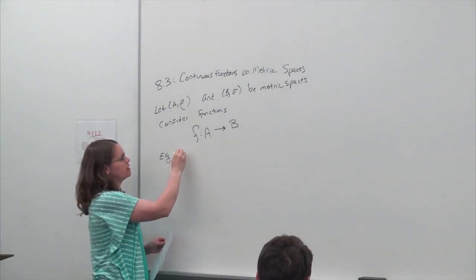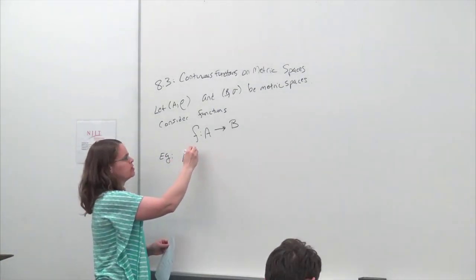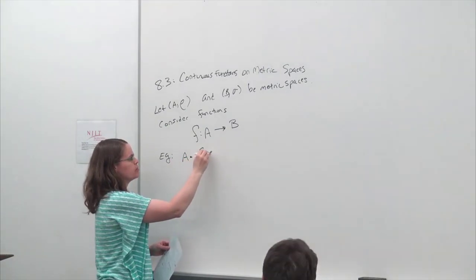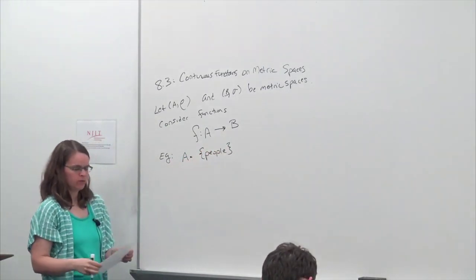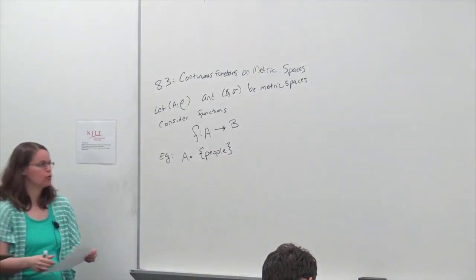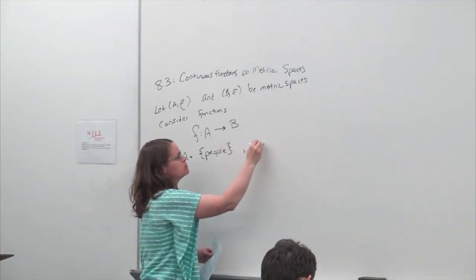Okay, so I mean, there's many different examples of this that we could think of. You know, maybe A is a set of people in some room, and we put a metric on it. Maybe rho is the discrete metric, for example.